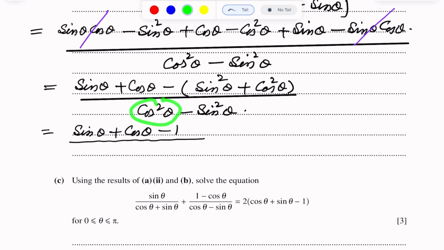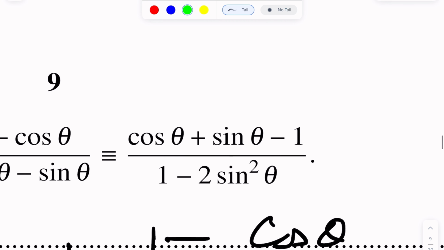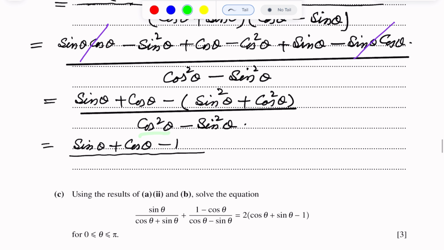We can convert this cos square theta into sin square theta. Cos square theta is 1 minus sin square theta. So in place of cos square theta, we can write 1 minus sin square theta, because in the denominator of the right hand side there is a term of sine. So we write 1 minus sin square minus sin square.